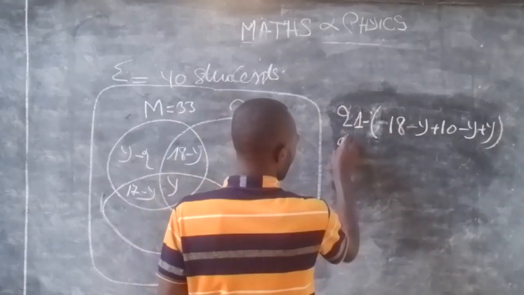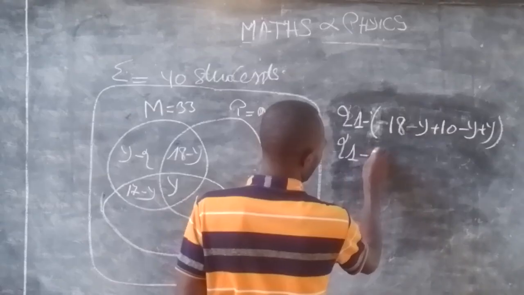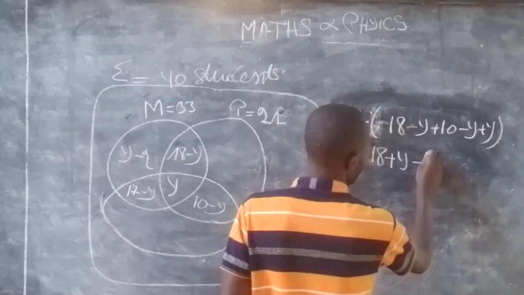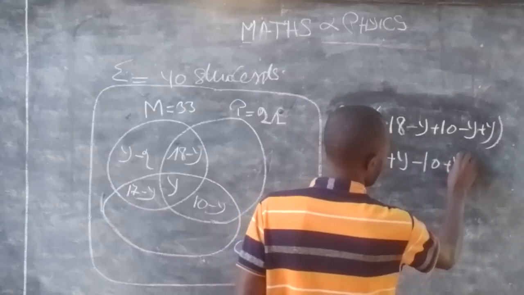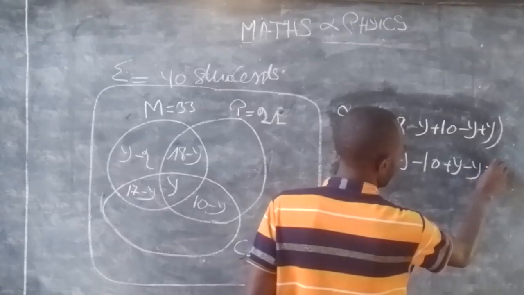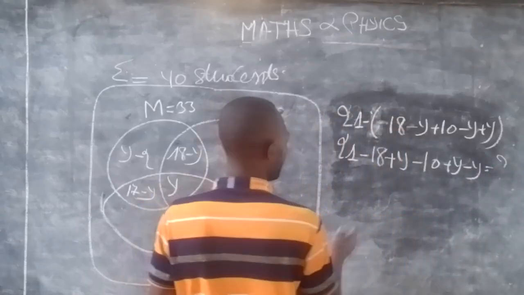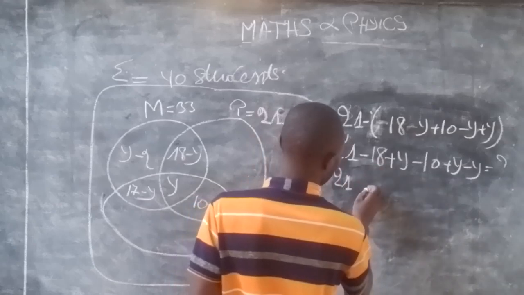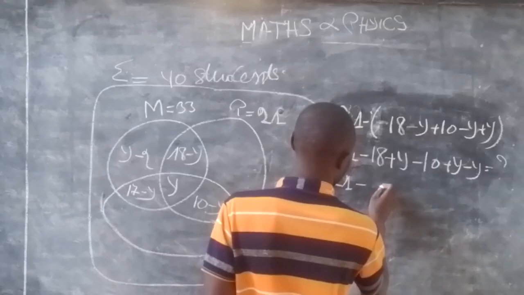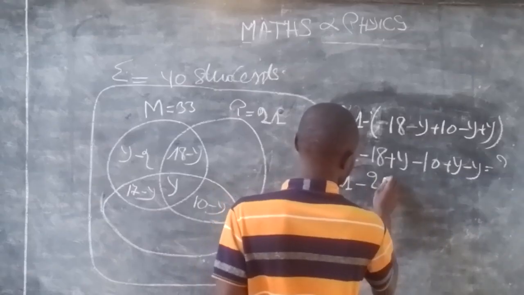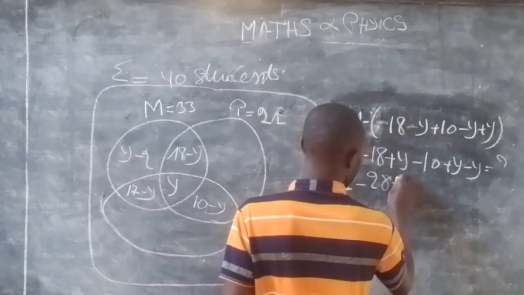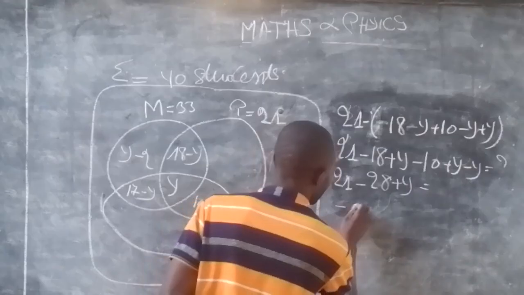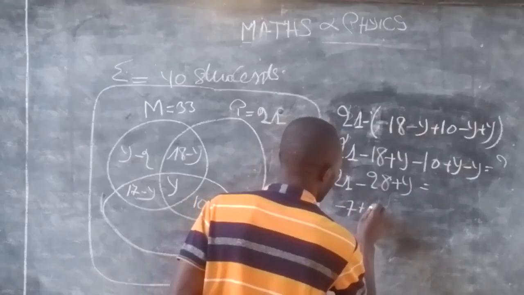We have 21 negative 18 positive y negative 10 positive y negative y, equal to how many? So here we have 21 negative 28 positive y, equal to negative 7 positive y.